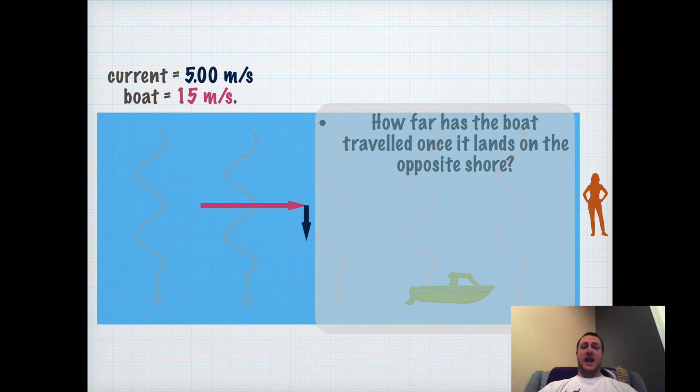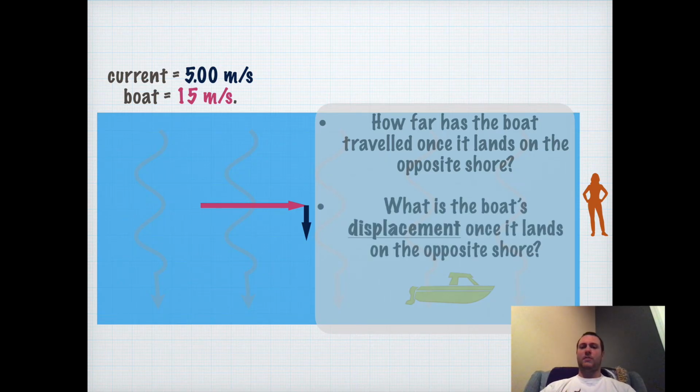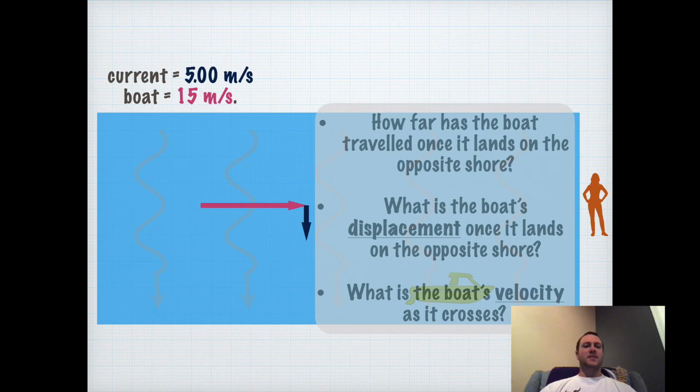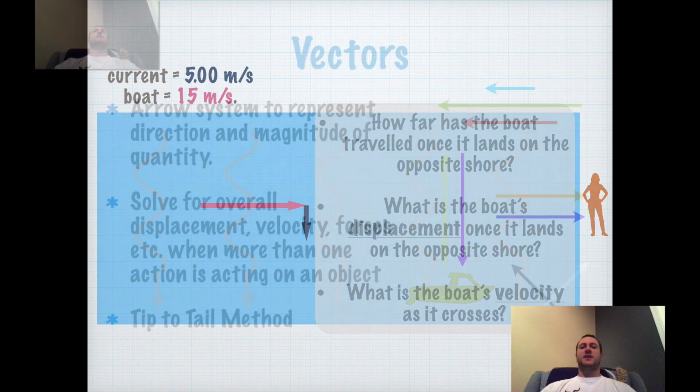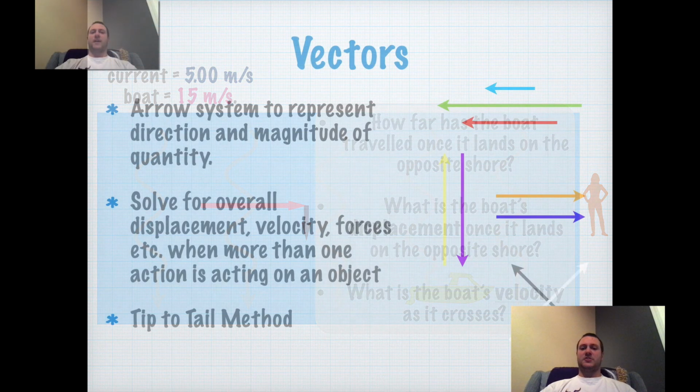What is the speed and direction with which it's moving? And then what is the overall displacement, right? So how far has the boat traveled once it lands on the opposite shore? What is the boat's displacement once it lands on that opposite shore? And what is its velocity as it crosses? Because we're at that angle, we're going to need to find some vectors to help us out here. That is the idea of each of these questions, right?